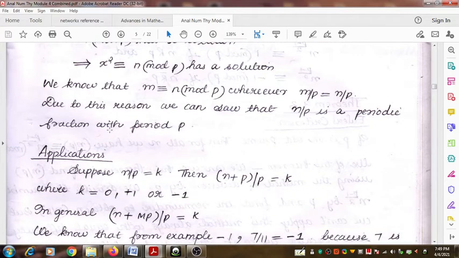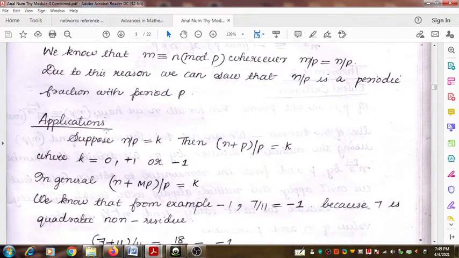As an application, you can add a multiple of p to the number. Suppose n is the number we are taking, and (n/p) equals k, where k can be any one of the values 0, +1, or -1. You can add any multiple of p to n, and then (n+p / p) equals k, the same number.